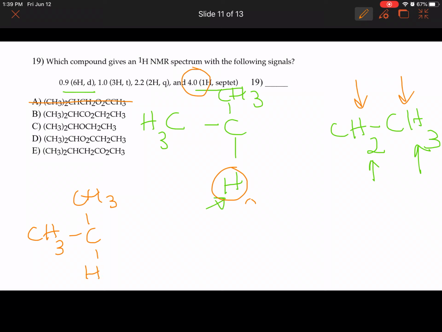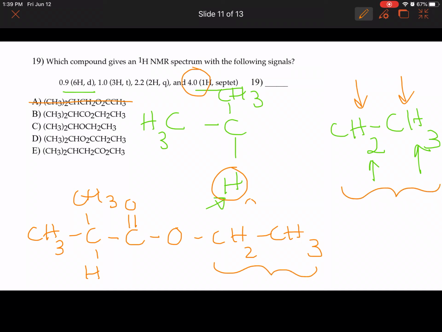Now what about B? If you draw B, there would be CH3, CH3, hydrogen, and then you have a CO2, meaning carbon comes first, then the carbonyl group, and then the oxygen, then CH2, CH3. In this molecule we have this part, CH2, CH3, which corresponds to this, and we also have the other green part.